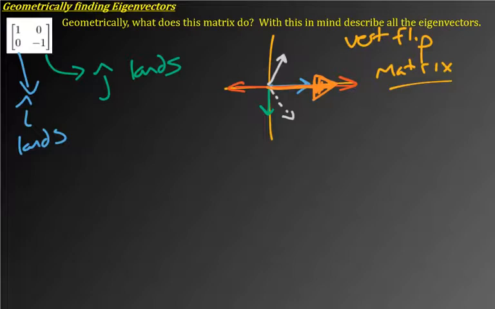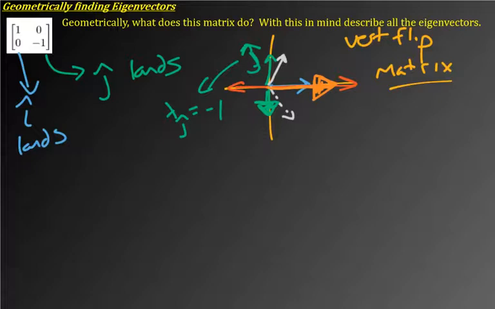When we talked about j hat moving down here, that is also an eigenvector because it stays in the span of the original vector. Its eigenvalue would be -1 because it just flips around but doesn't stretch.